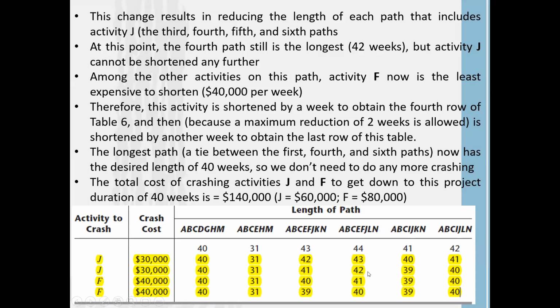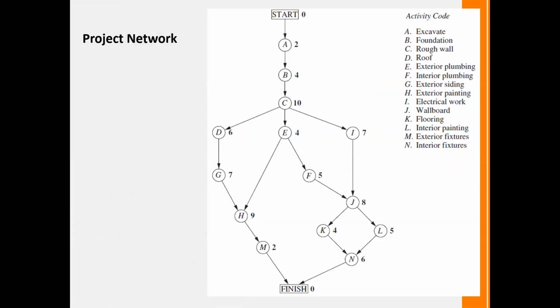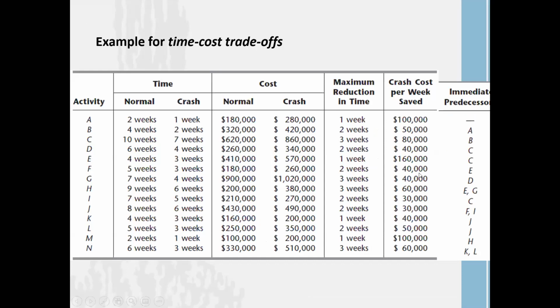Then we need to find out which is the next activity which can be reduced with minimum crashing cost. We identify that F and J have the lowest cost after this $30,000, that is $40,000.